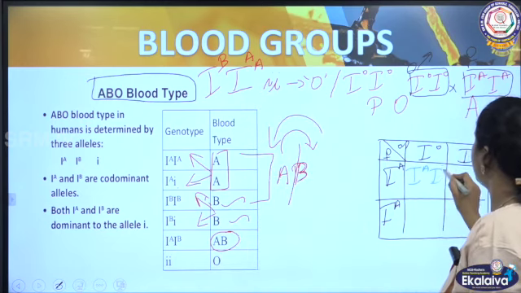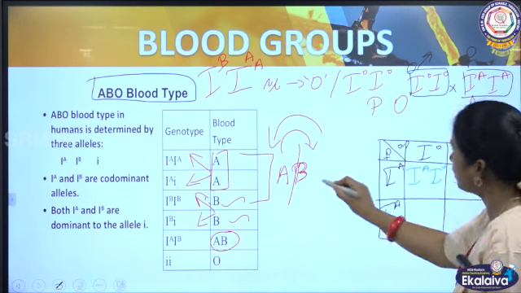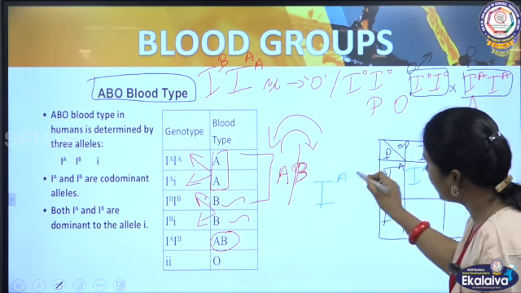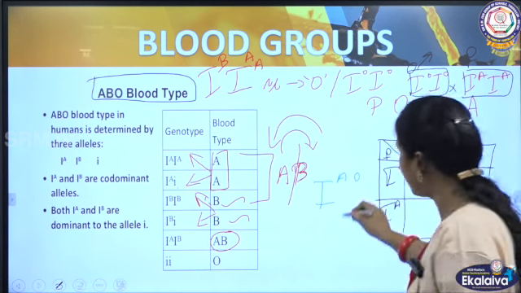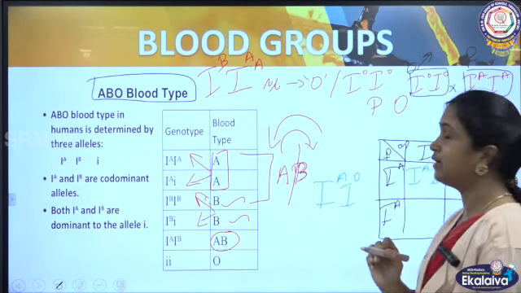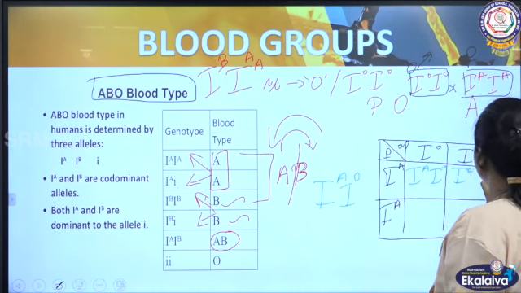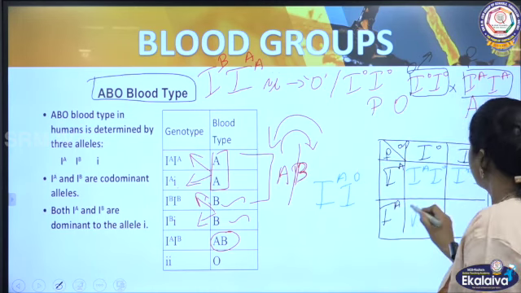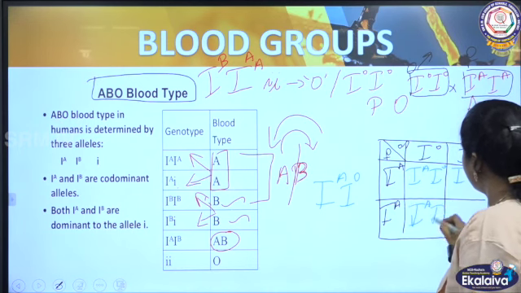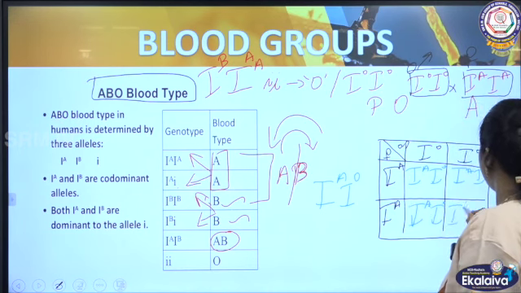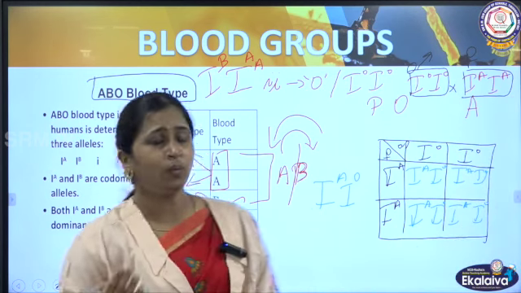IA IO. Don't write one I and then AO like this. Again, the alleles should occur in pairs, right? Then IA IO, IA IO, then IA IO.